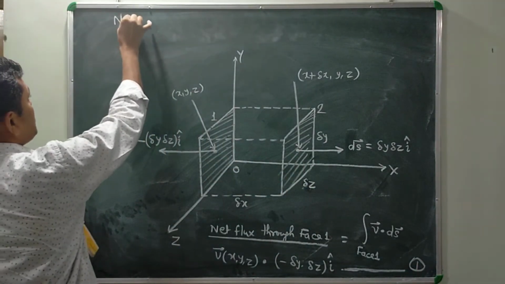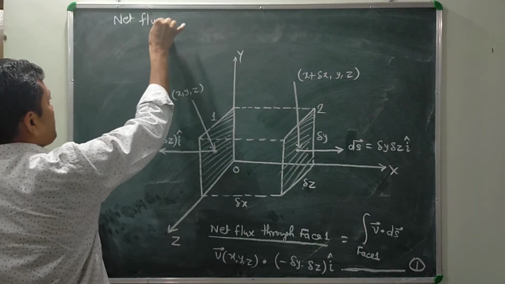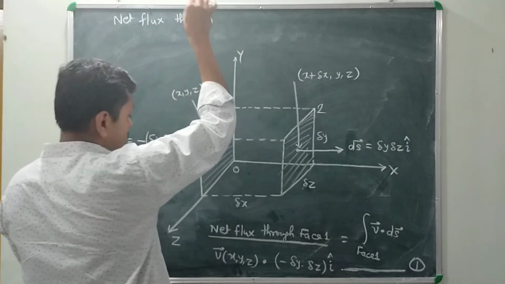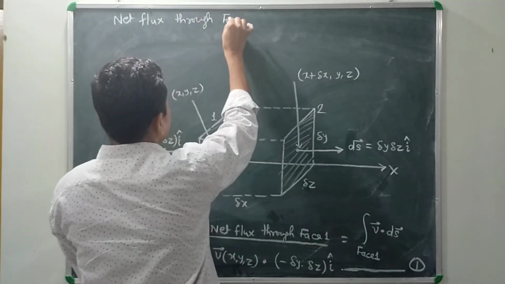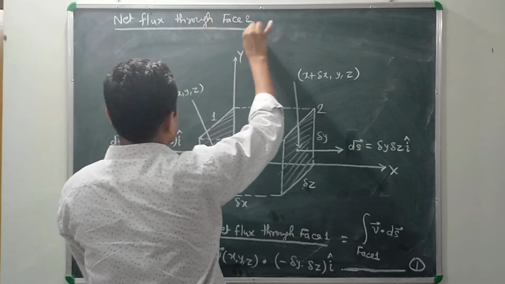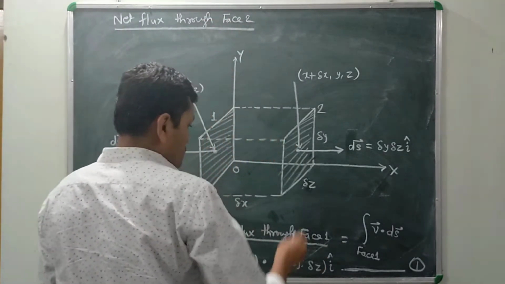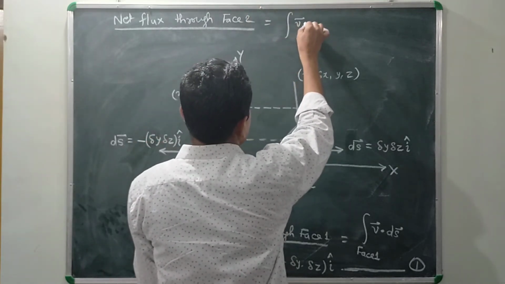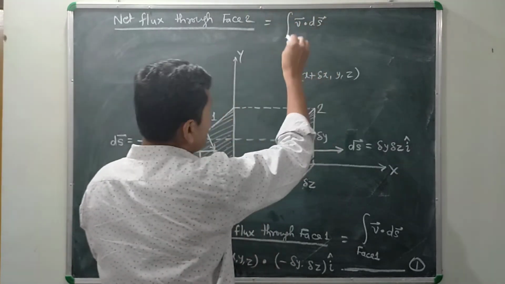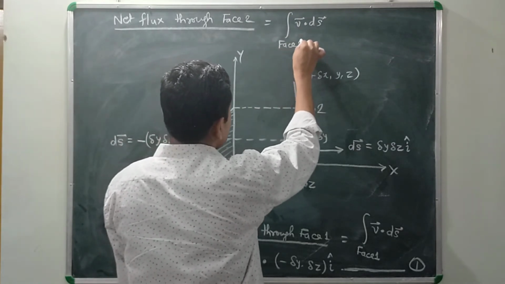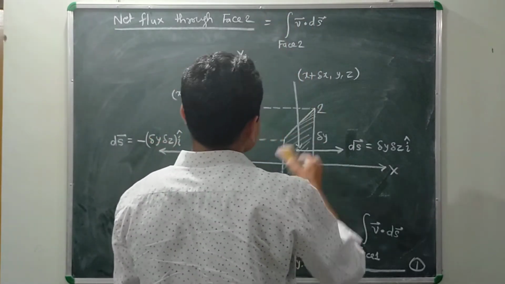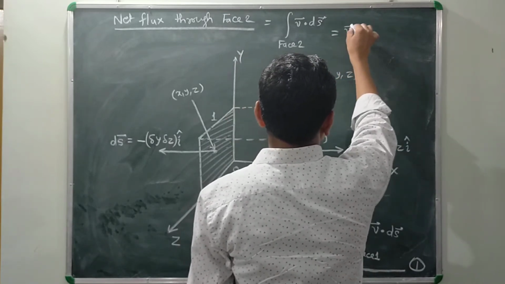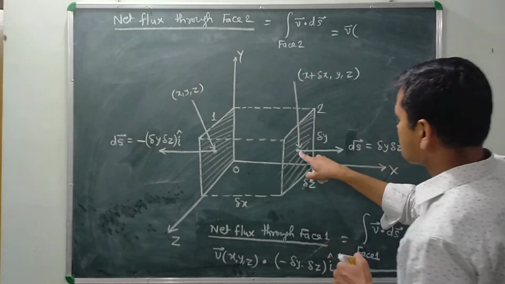Now write down the net flux through face 2. It will be equal to surface integral of v dot ds over the face 2, and this will be equal to v at this point.